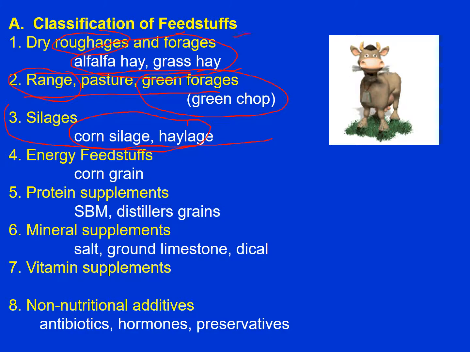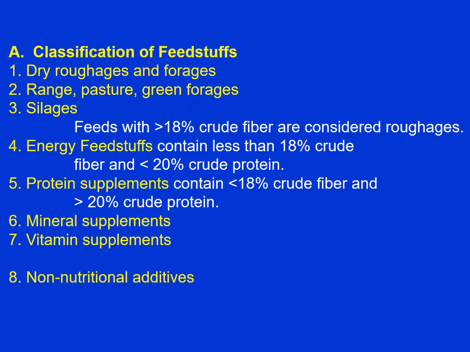So these three up here are kind of all known as forages. The silage, it's the whole plant. It's not as energy or protein dense as some of our other feedstuffs down the list here. So any feedstuff with greater than 18% protein would be considered in these top three categories here. Going to be less digestible than some of our other feedstuffs down the line.